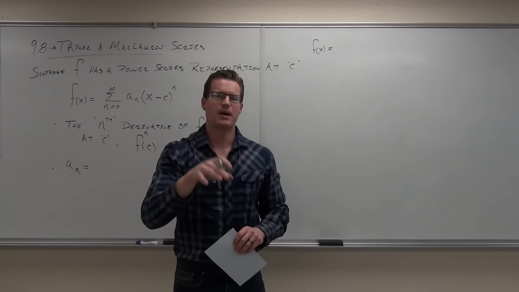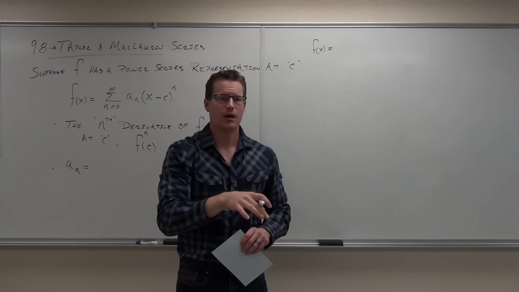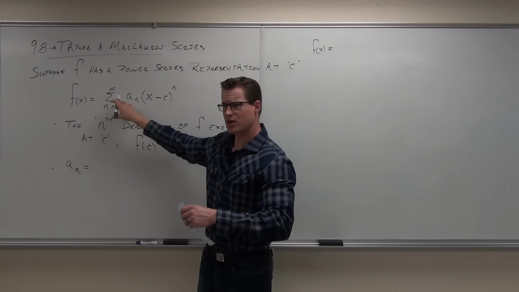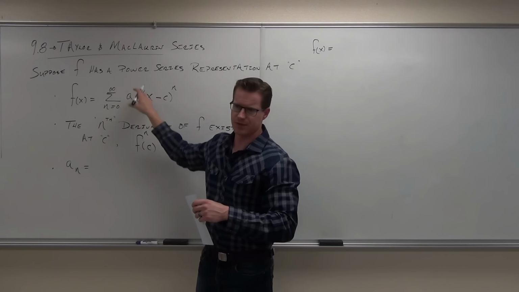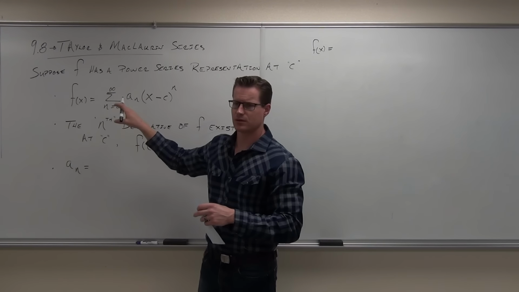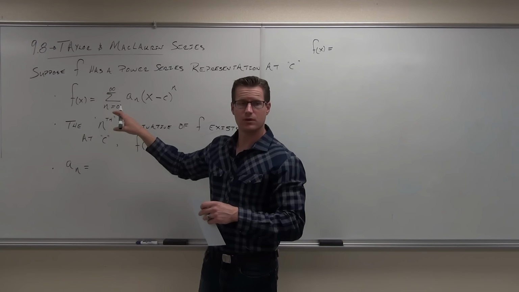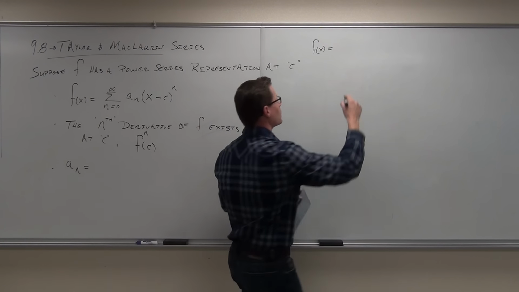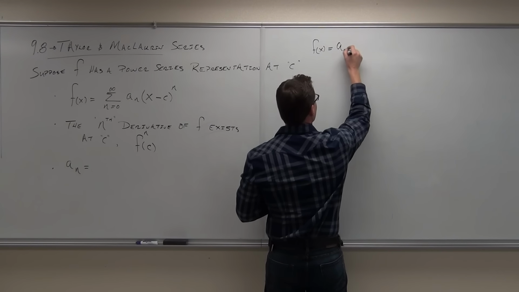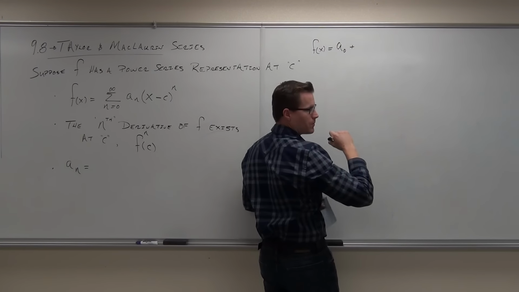Let's start with f of x. If f of x has a power series representation, then in general it's going to be represented by this. Give me the first term of this power series. A sub 0. And it would be this to the 0 would give me 1, so it would be a sub 0. Then I would get, what's the next term?